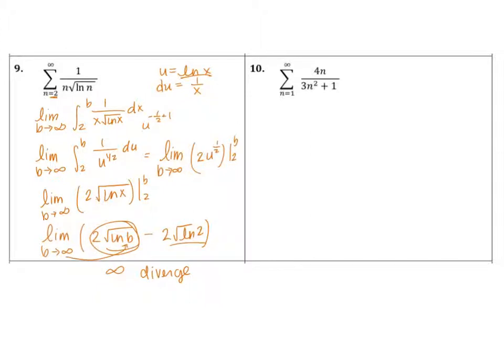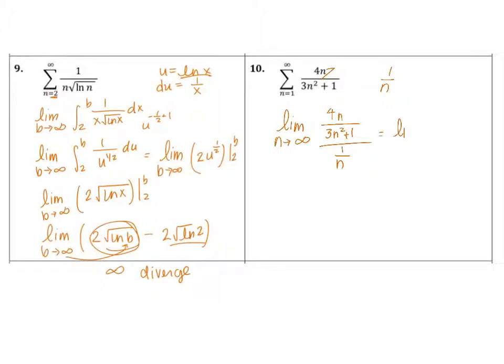And once again, just like the previous problem, looking at these, I'm going to do a limit comparison test. And I'm going to compare that to 1 over n. And so if we do our limit as n approaches infinity of 4n over 3n squared plus 1, that's over 1 over n.